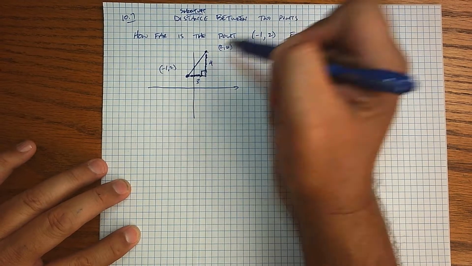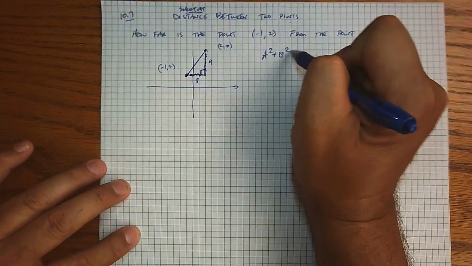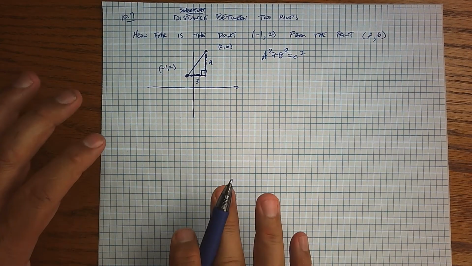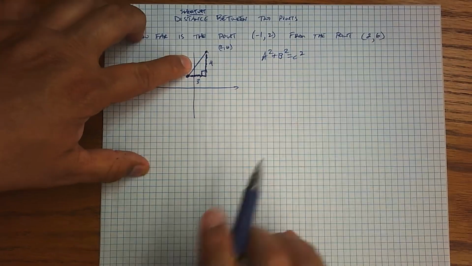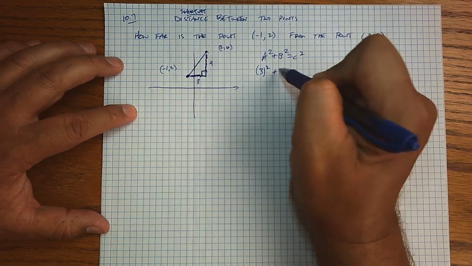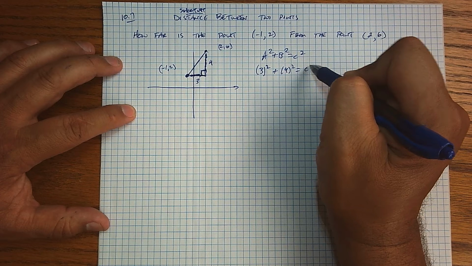This side is 4, and lo and behold, what I have is my Pythagorean theorem now, because I was able to draw a right triangle situation that included the distance that I was trying to find. It happens to be the hypotenuse. So if I plug in numbers, we get 3 squared plus 4 squared equals c squared.